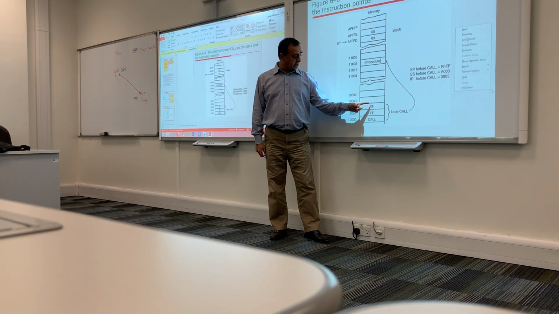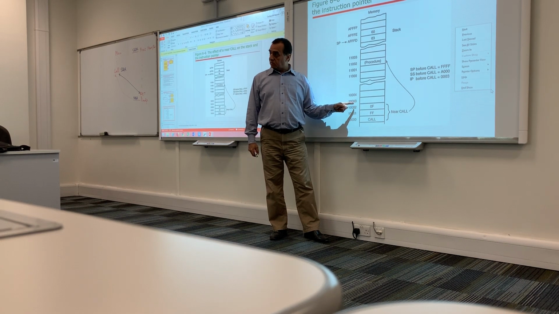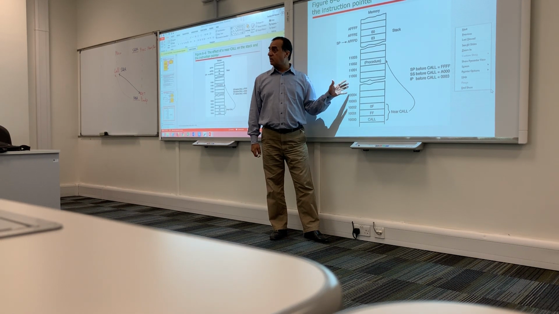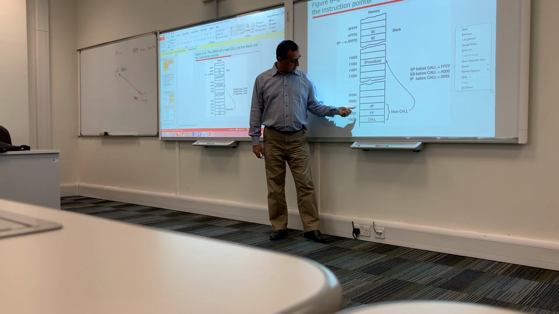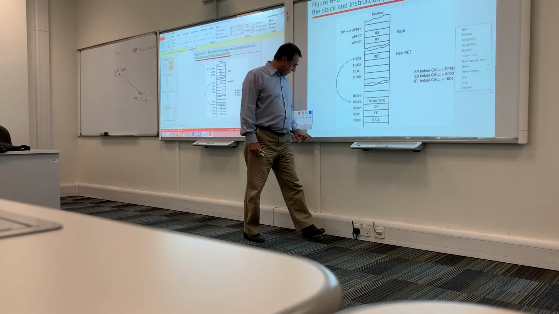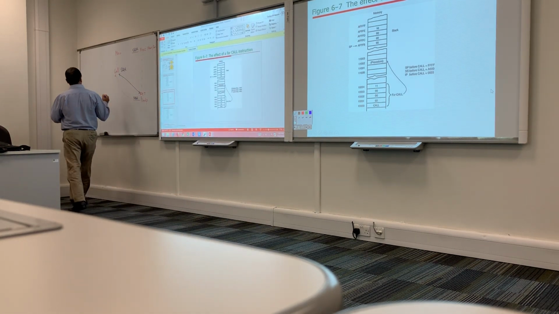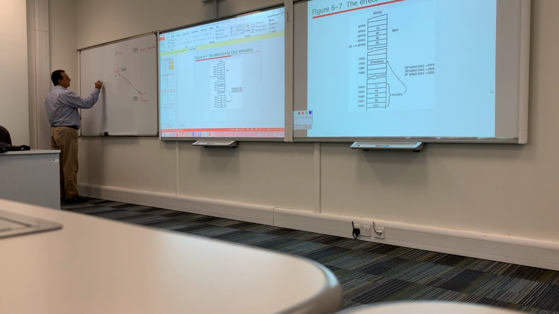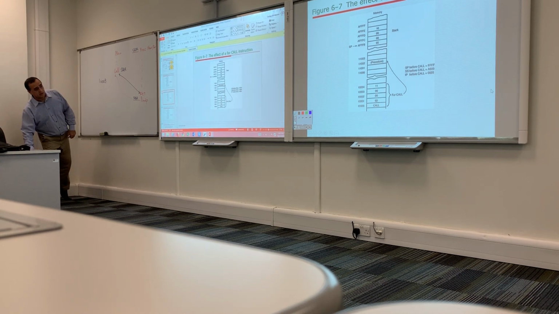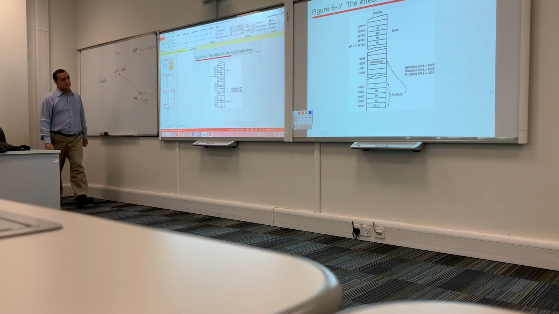What is the next address? 3, because this is a near call, so the base address will be the same. From here, the next address is 3 plus 0FFF. This we also did with jump. So what is the current address after reading? This one, 10003, correct? The previous IP.